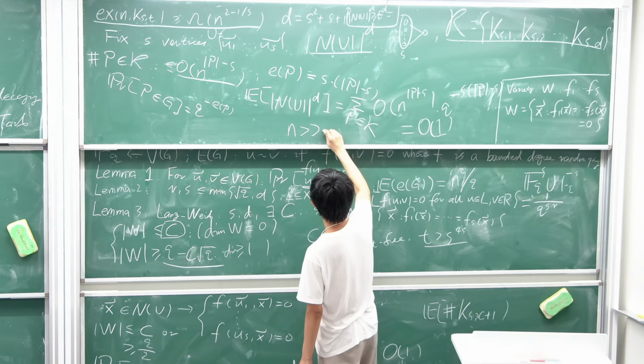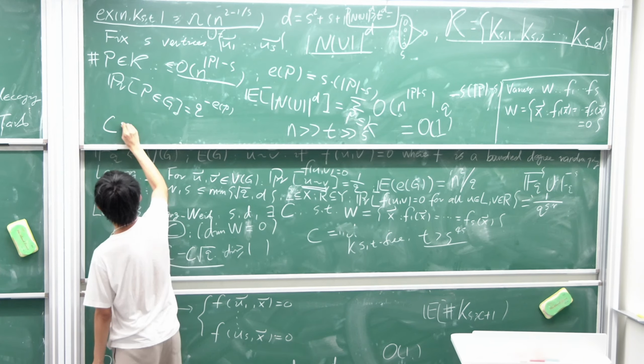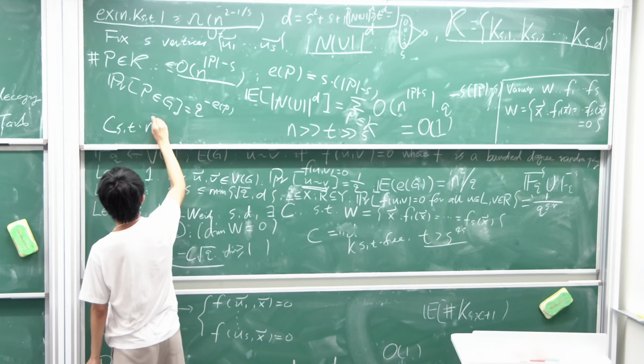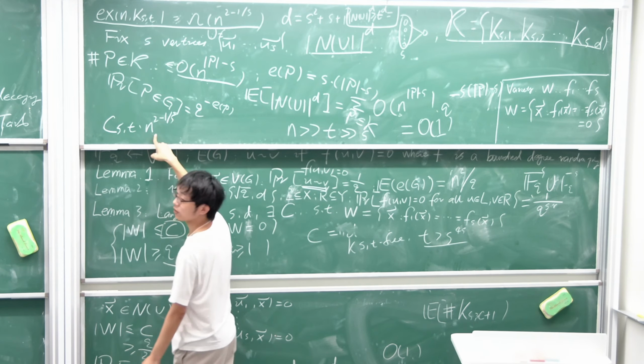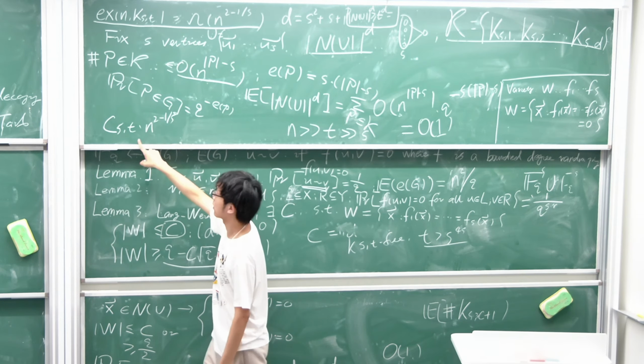We can study the behavior of the large constant t because this method requires t to be very large, right? Under this setting, I prove that the random algebraic method actually gives a bound like this, where the constant depends on s and t.